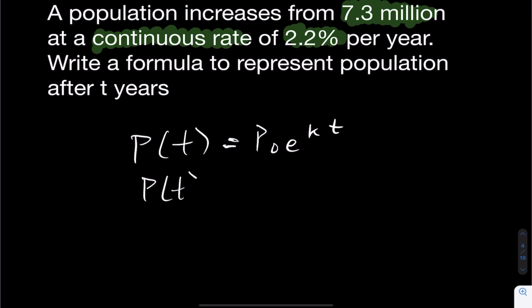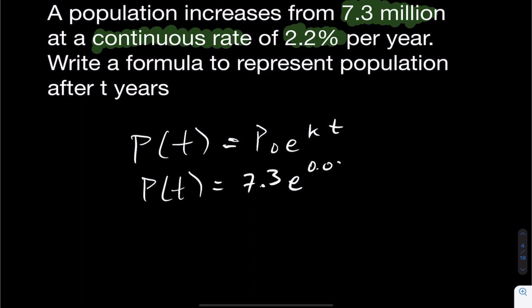But now we know some of these values here. I know that p at t is going to equal p naught, which represents my initial amount. So what do we start off with in this problem? Well, in this problem here, we're starting off with 7.3 million. Now you could either write 7.3 million explicitly with all the zeros, or just write it as 7.3 and assume your final answer is measured in millions. They tell me I have a continuous rate of growth of 2.2% per year.